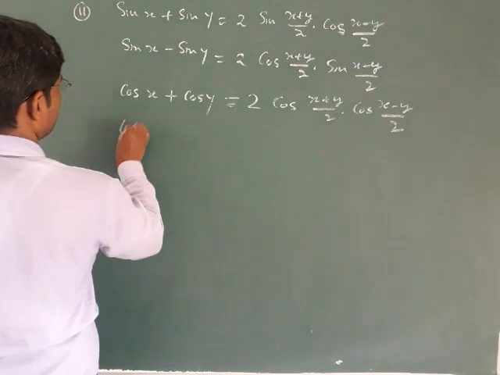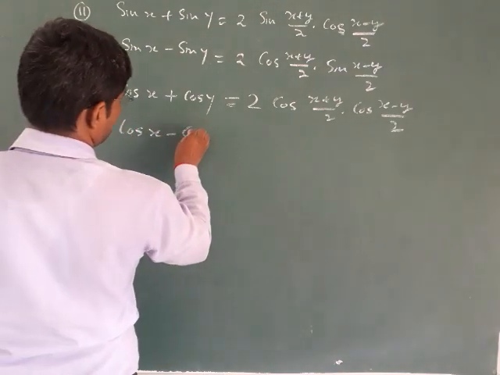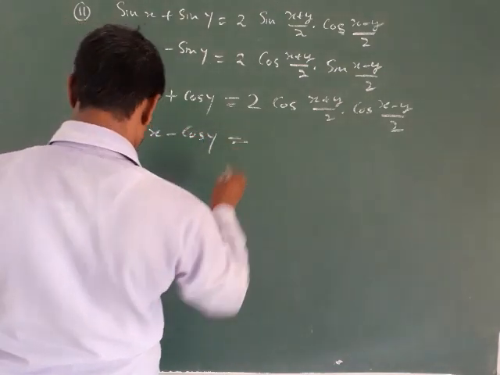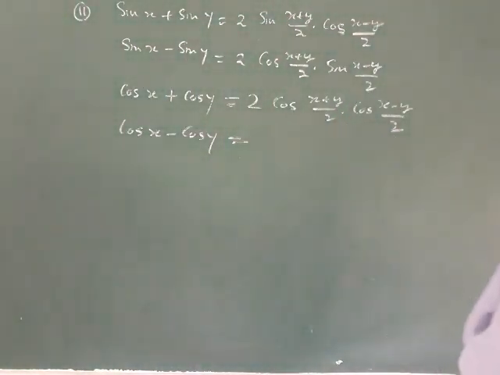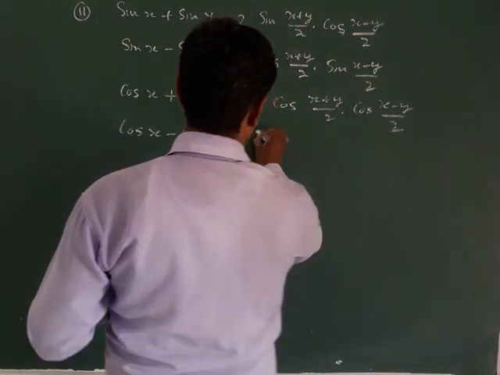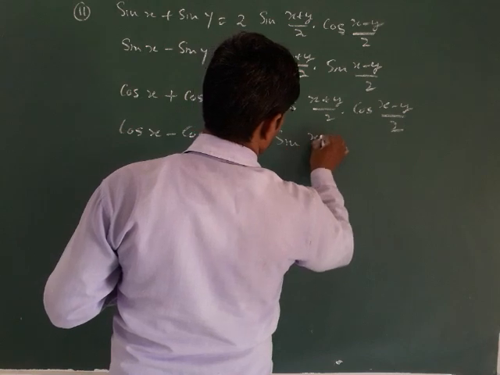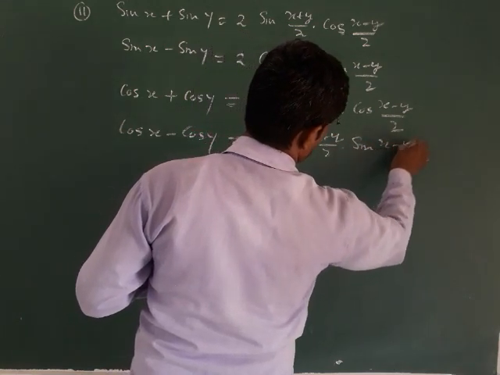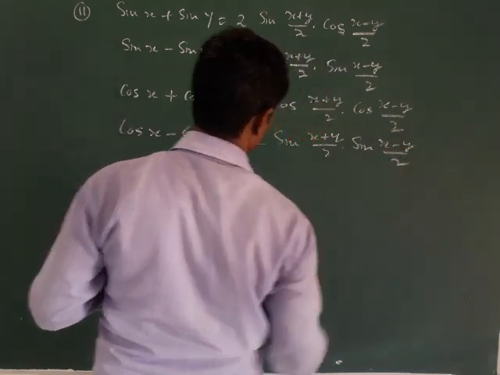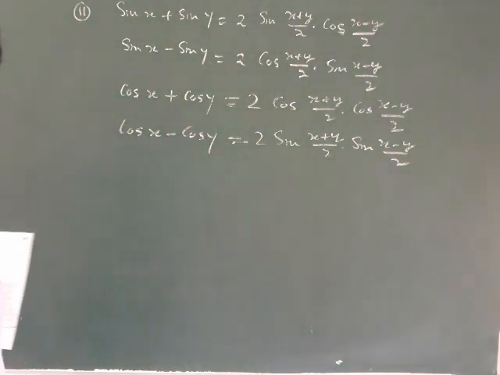So cos x minus cos y is equal to minus 2 sin (x plus y) by 2 into sin (x minus y) by 2.